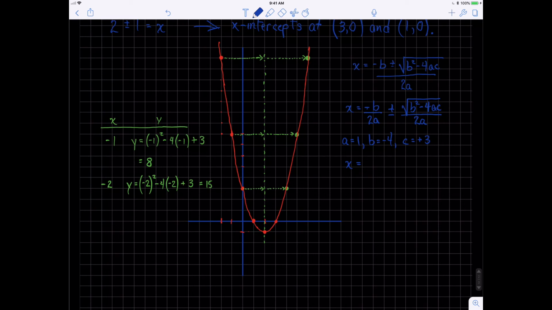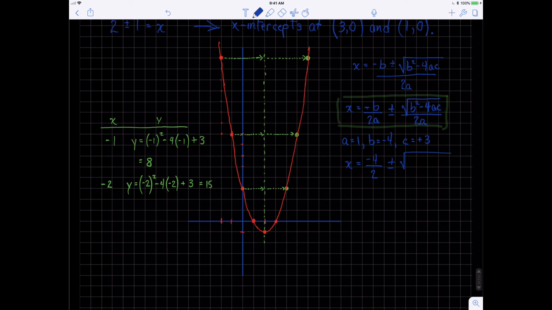I'm going to use this version here of the quadratic formula. If I do, I have -b, that's going to be 4, over 2 times a. Well, a is 1, so that's just 2, plus or minus the square root of b squared.